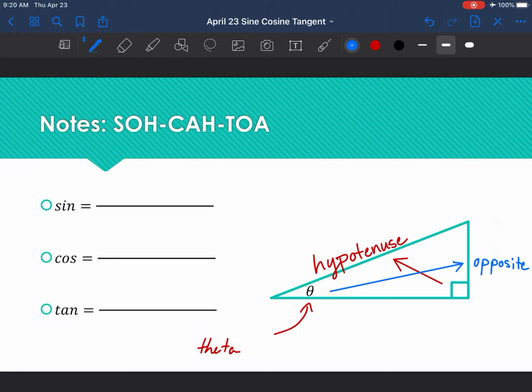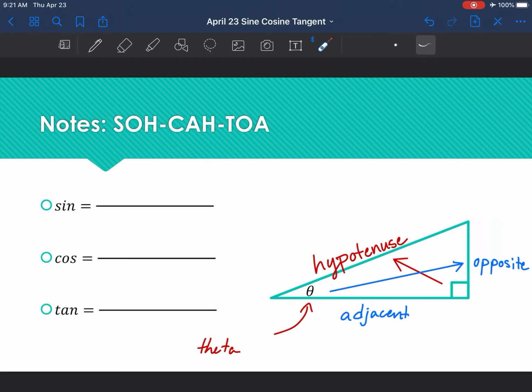The only side that's left is your adjacent side. Adjacent just means next to. So these are the three sides of a right triangle. You have your hypotenuse, the longest side across from the right angle. Then you have your opposite side, which is across from theta or whatever angle it gives you, and directly next to it is adjacent.